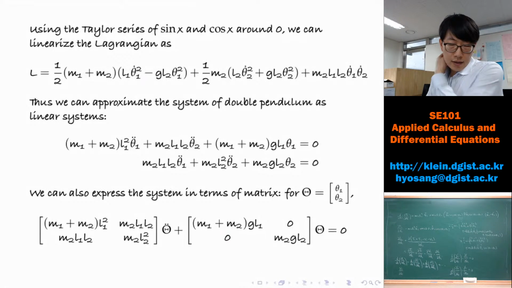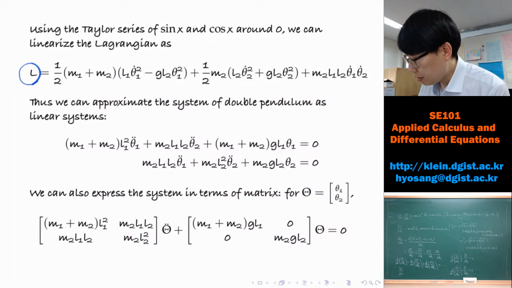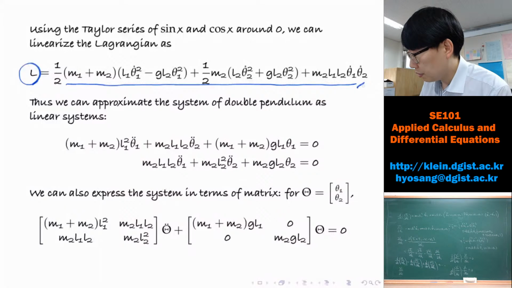So when we take a linear approximation of the Lagrangian in the first place, the Lagrangian becomes very simple. This equation.